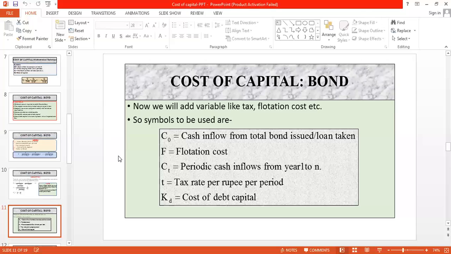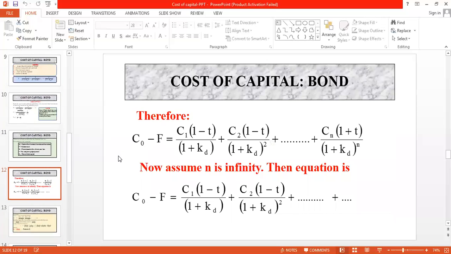This is called the tax shield benefit, which is available to us. It will automatically reduce the cost of debt capital required to satisfy the debt holder. So it is a benefit for the company for issuing the bond, and this has made the cost of bond cheaper than other sources. The last one is Kg, which we have already mentioned is the cost of debt capital.